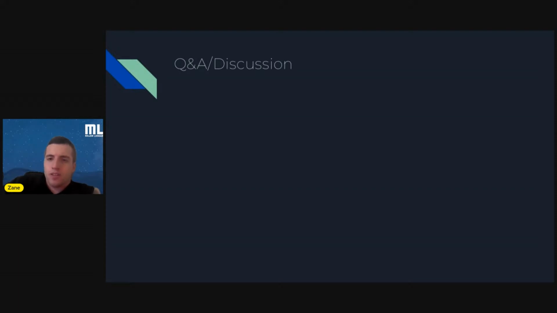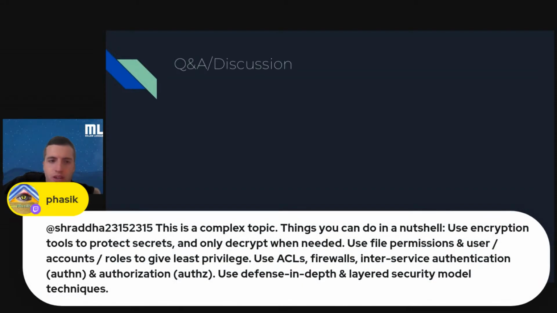Okay, let's see. It seems like you guys are talking about security with Git and the like. So we were talking about, is Git secure to upload files and deal with potentially sensitive data with? It looks like it outlines quite a few helpful things: use encryption tools to protect secrets, only decrypt when needed, allow permissions.